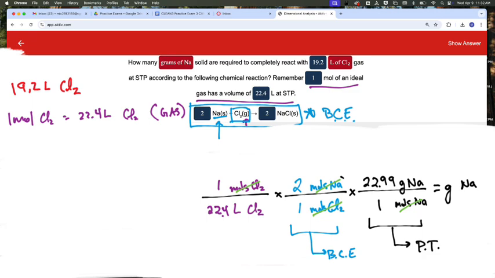But I brought in liters of chlorine. Do I want liters of chlorine? No, so what do I got to do? I need the liters of chlorine to cancel. So again, do I have the liters of chlorine? Yes. Do you notice that in each and every single one of these solves, I'm asking the same style of question?